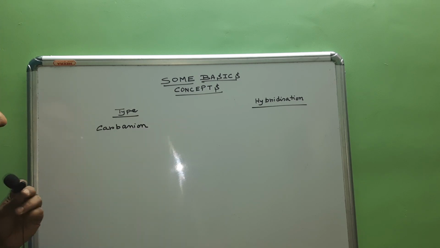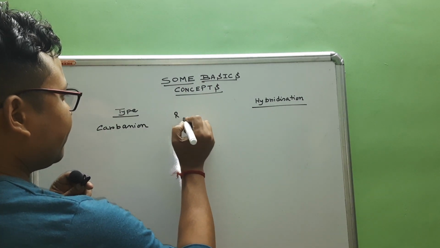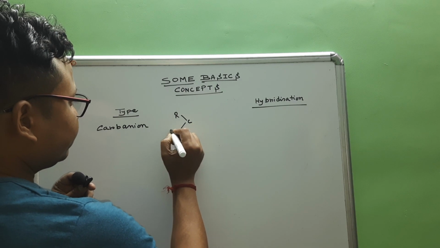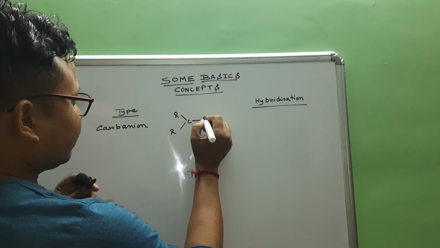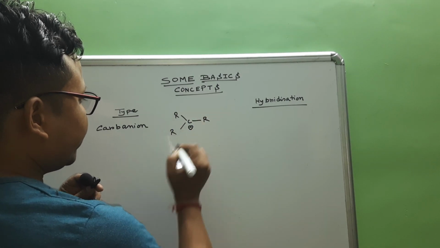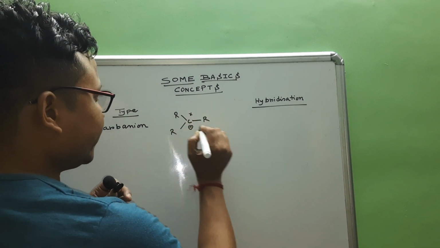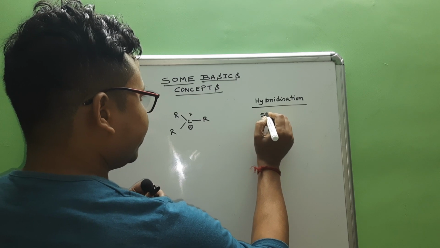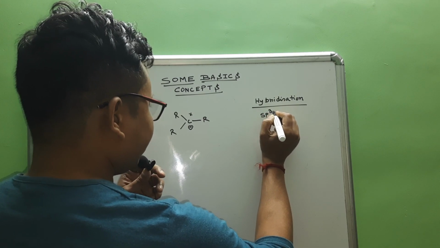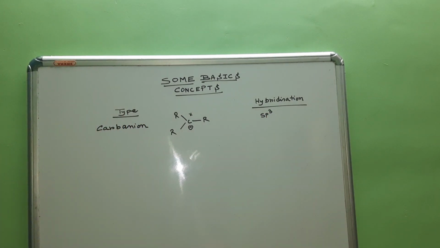Carbanion. What is the carbanion? Similarly, the carbanion is the carbon atom bearing the negative charge. And what is the hybridization of this carbon atom bearing the negative charge? Here the hybridization is a little bit different from carbocation. Here it is sp3.